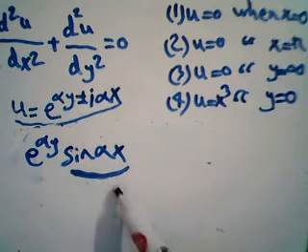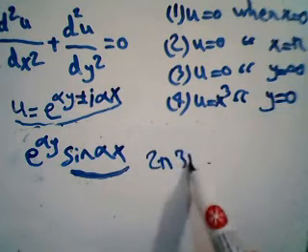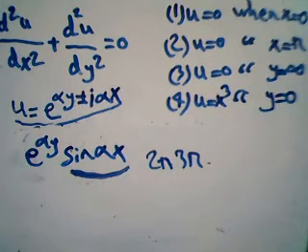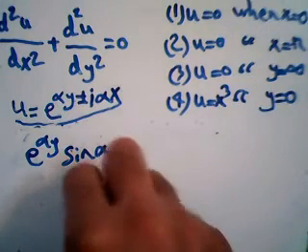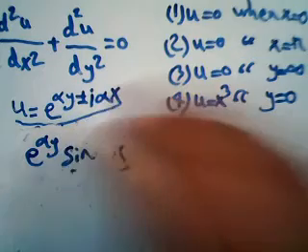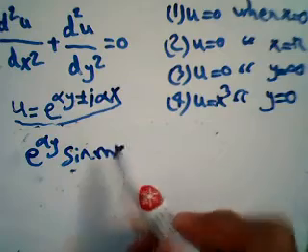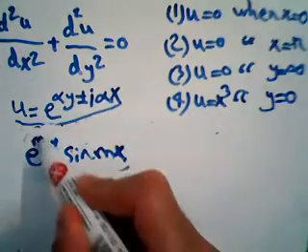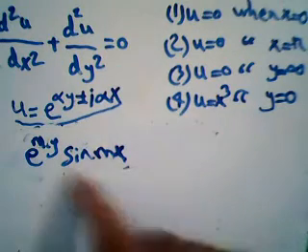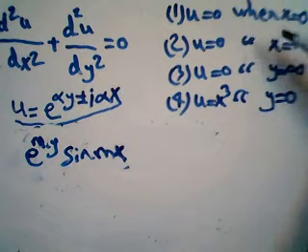This is 0 when alpha is an integer. Okay? And it's not just 2 pi, 3 pi. The sine of these, or minus of the sine of these, are 0. Okay, so let's change to n. n is an integer, and alpha is also n. So this is a solution satisfying this relation and the first two conditions.